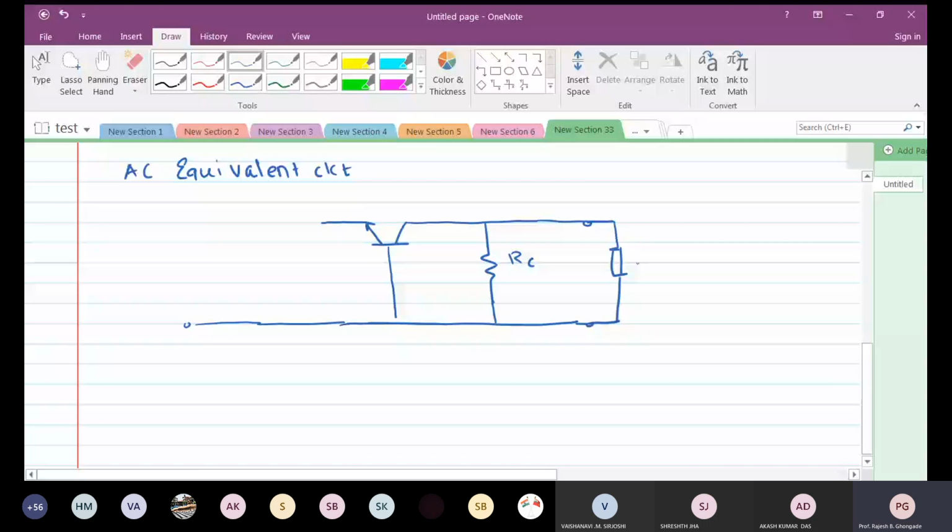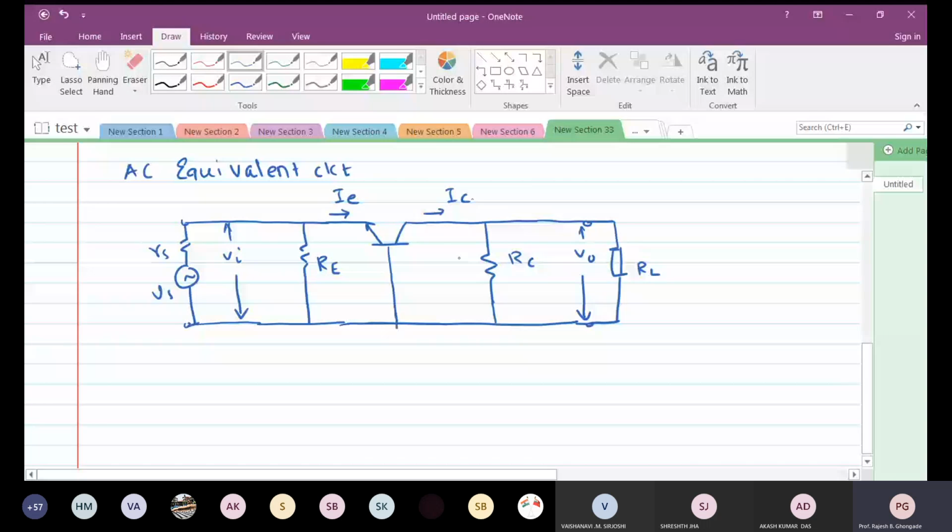This is where output voltage will be generated. Source resistance and source voltage. Here I'll be having RE. This is where we get VI, IE, IC.